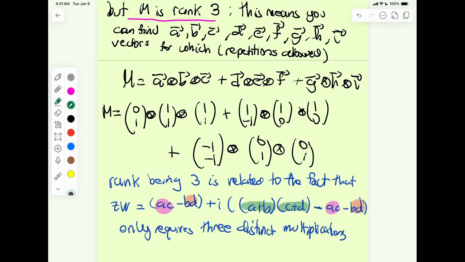The reason I'm doing the example is because the rank, in this case, is related to how many operations, at least in multiplications, were required to complete the math. So it's a measure of complexity of some sort, like how much time it would take you to find that multiplication.